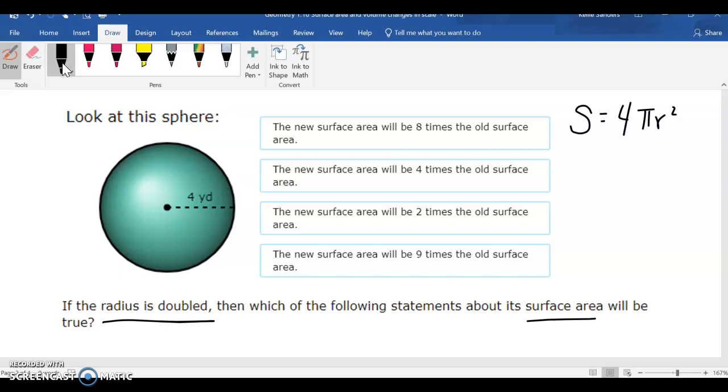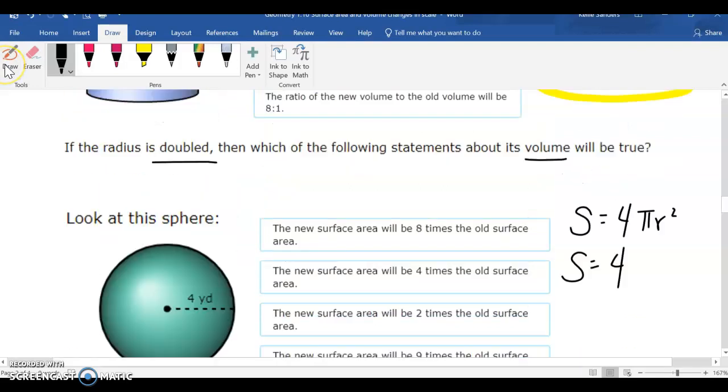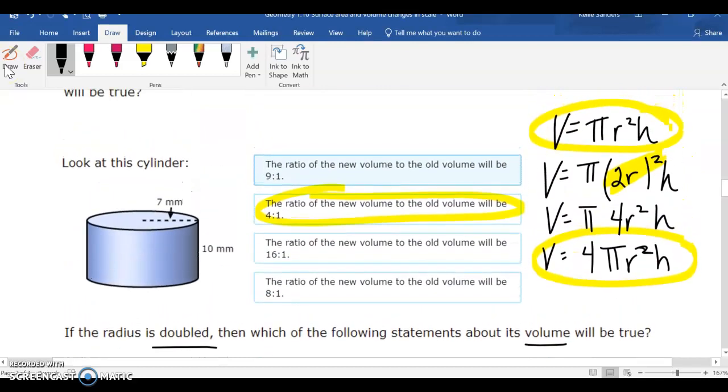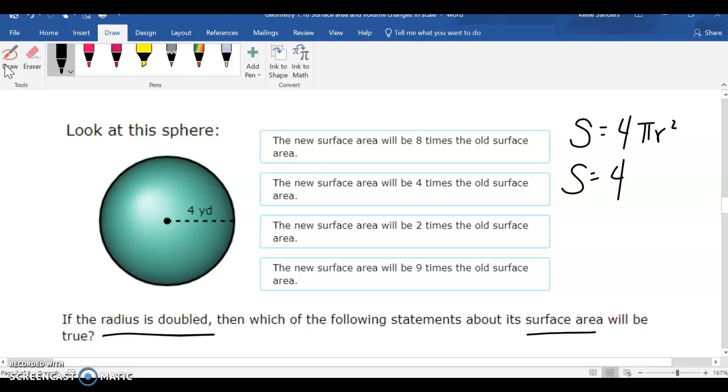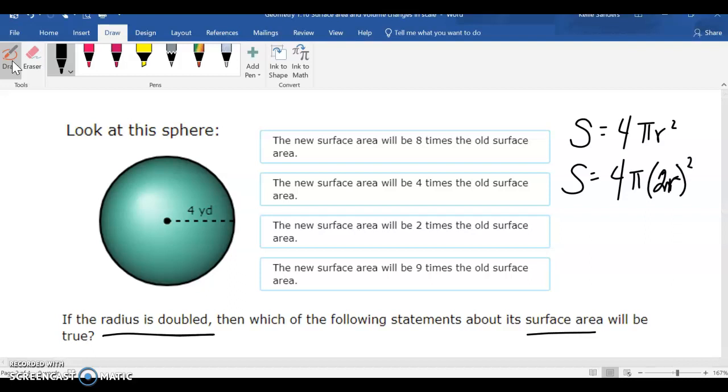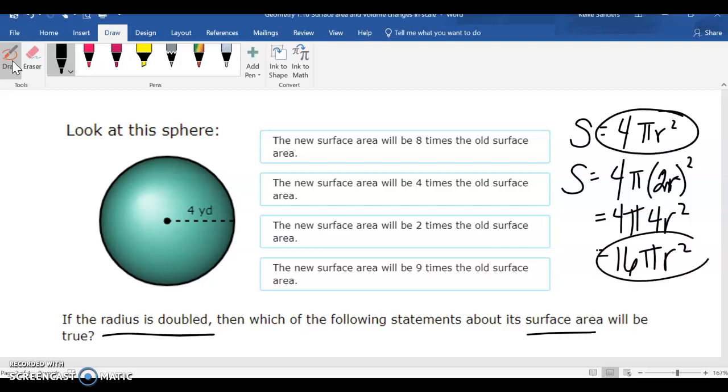And now we're going to double the radius. 4 pi, and then we're going to double the radius. 2r times 2r is 4r squared. 4 times 4 is 16 pi r squared. This is the old, this is the new. It's 4 times bigger.